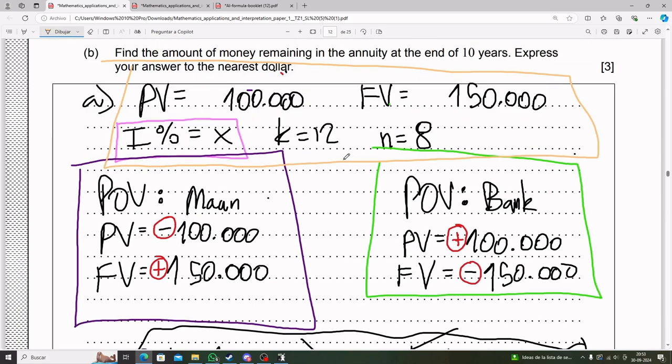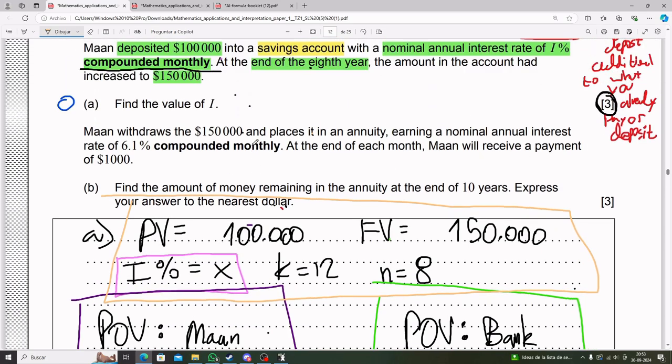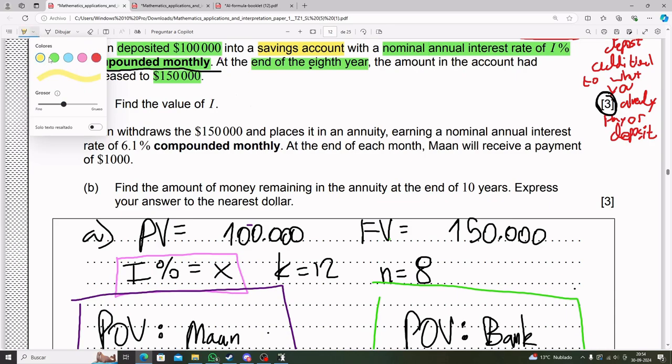All right, now after all of that context, part B should be a little bit faster. Unless it gets incredibly hard, which we are about to find out. So we have that my man withdraws the $150,000 and places it in an annuity, earning a nominal annual interest rate of 6.1% compounded monthly. So immediately we already have a percent.